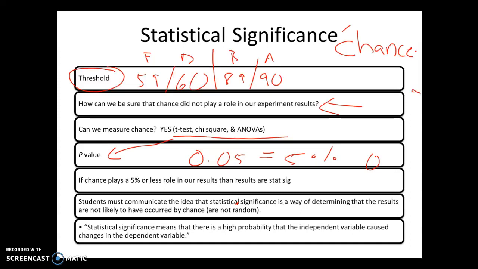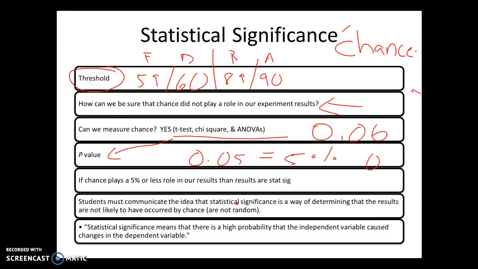So I want you to think about it. It's a threshold. So if your p-value, after you did one of these tests, when you compared your experimental group and your control group results, or you can just say when you're looking at the results of your experiment, if the p-value was this, we failed. That's failure. Okay?